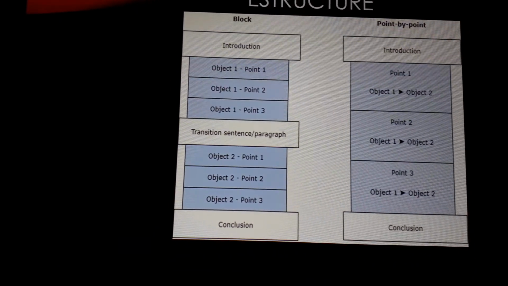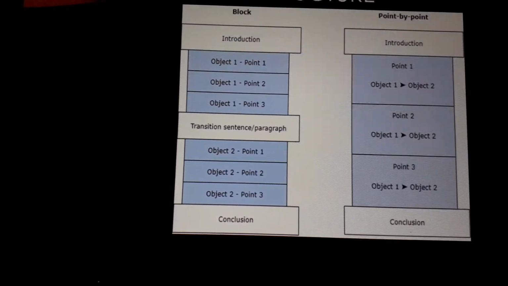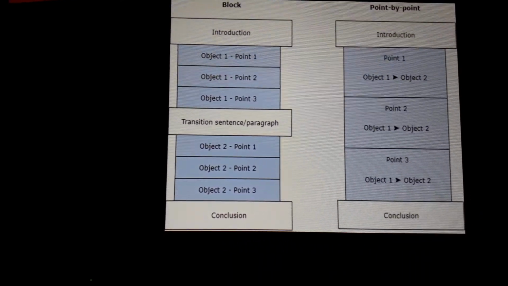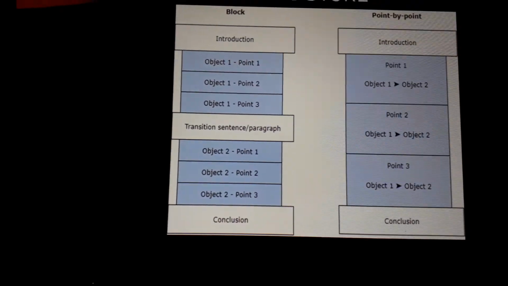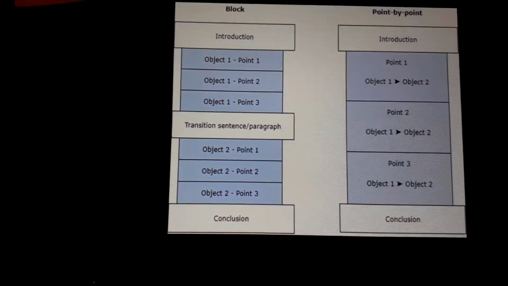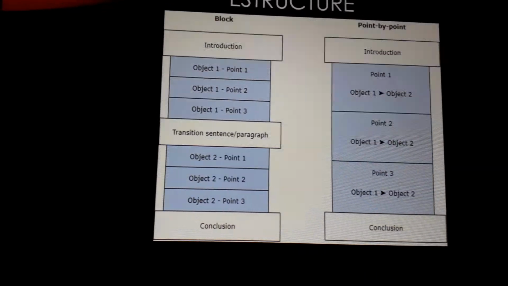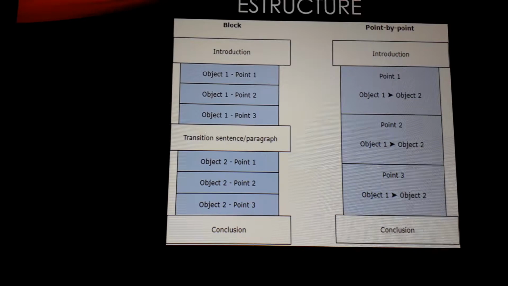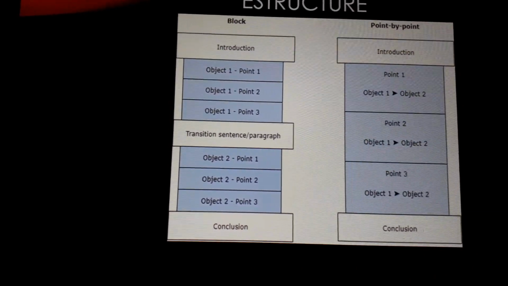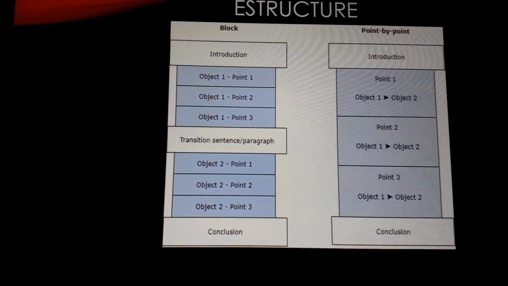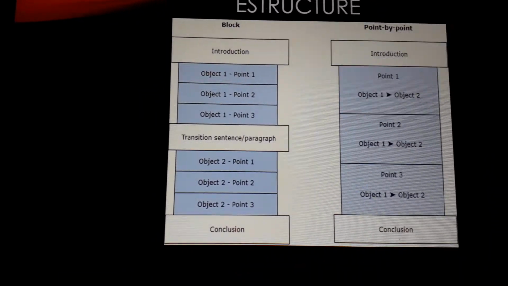After that, you do a transition sentence, and once you have done this, you explain the second item, and finally, you do the conclusion. And with the point by point, you do the introduction, and in the first paragraph, you start to compare both things at the same time, and finally, you do a conclusion.